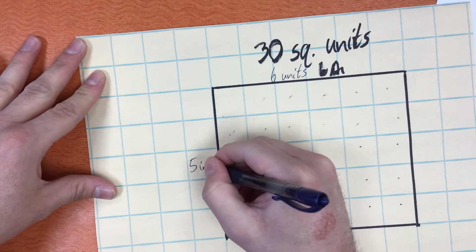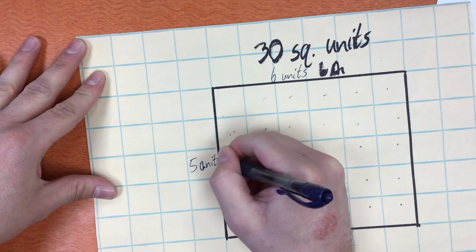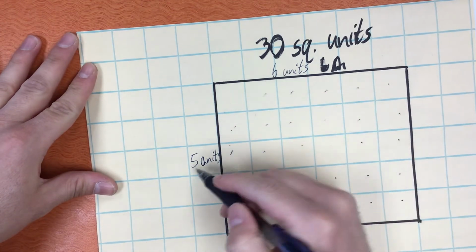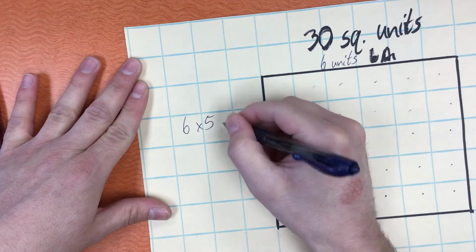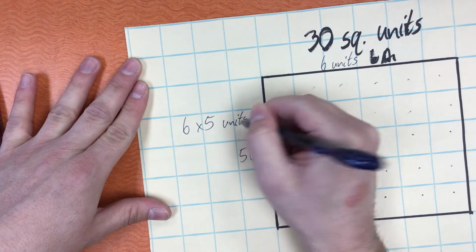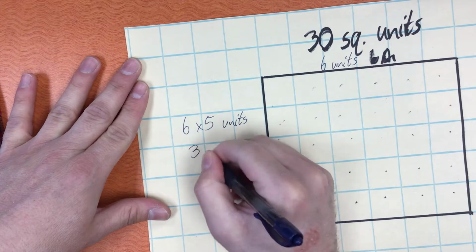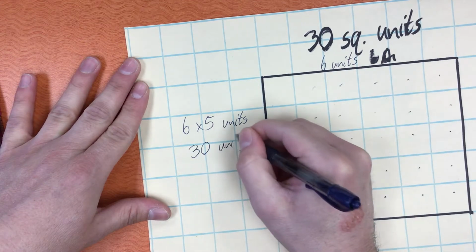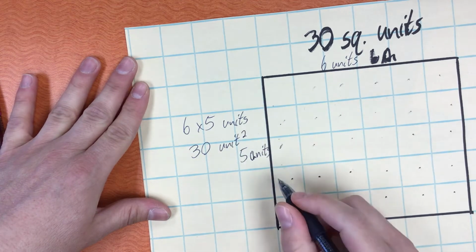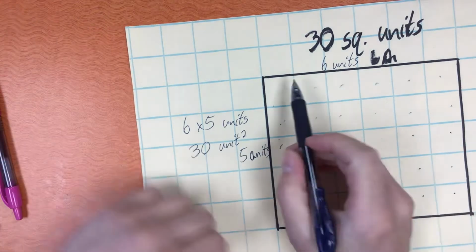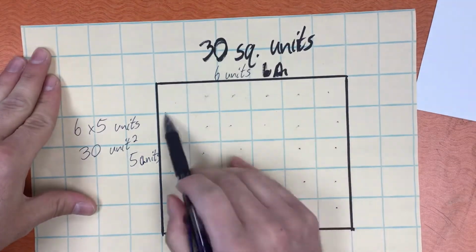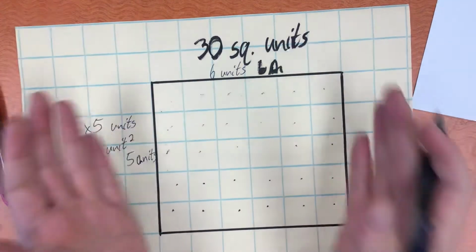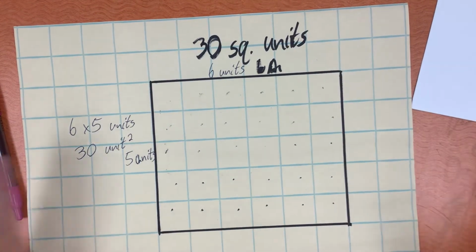So 5 units. And I can say, well, 6 times 5 is 30 units squared, or square units, because there's 30 squares. That's literally what it means, 30 square units, or 30 square inches in this case. All right, so there's your rectangle.